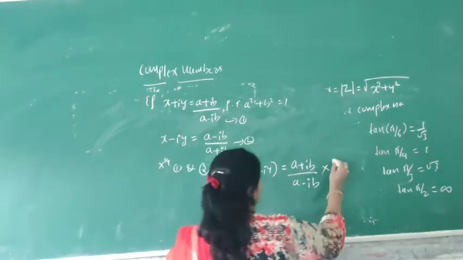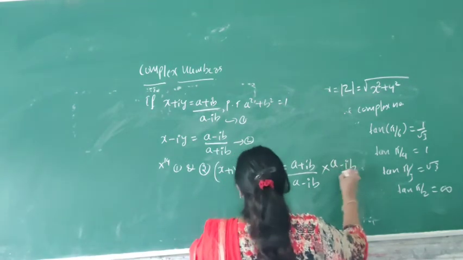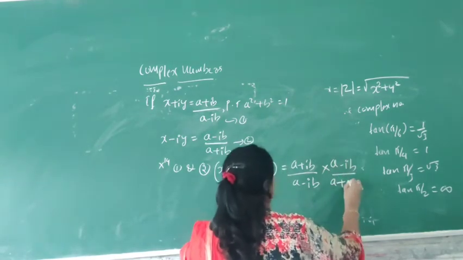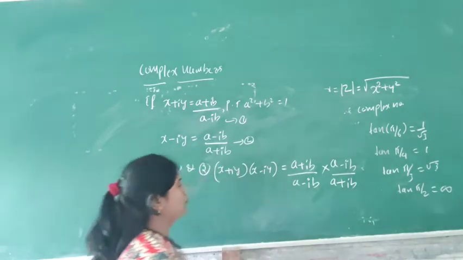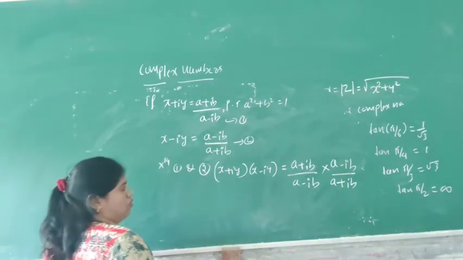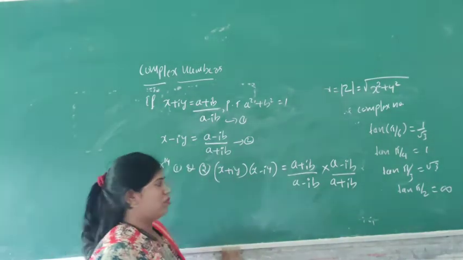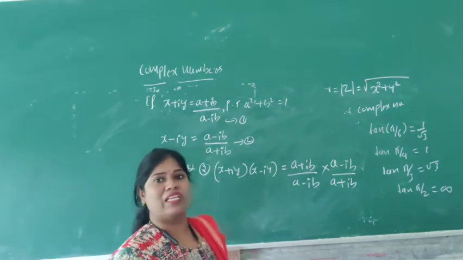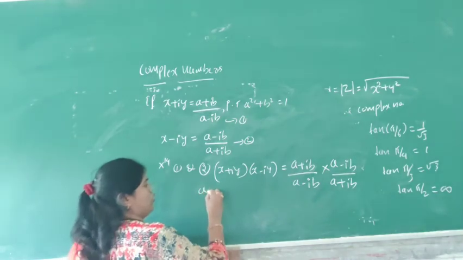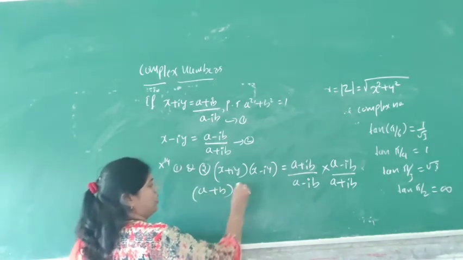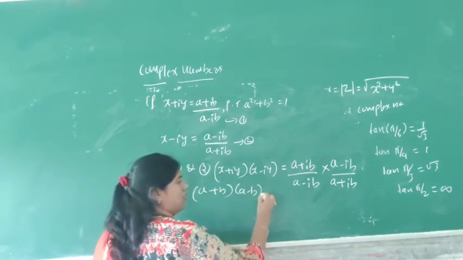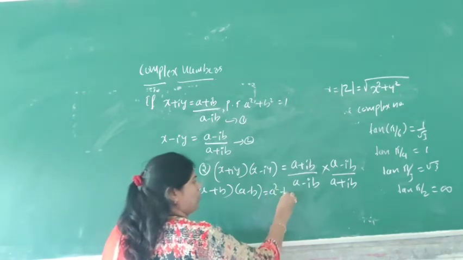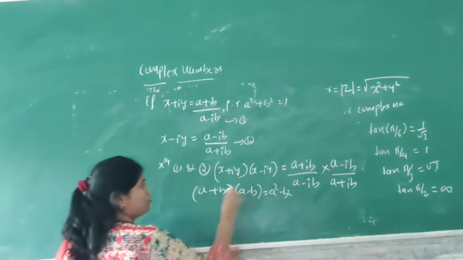So a minus ib divided by a plus ib. Okay. So what is a plus b into a minus b? a plus b into a minus b is equal to a square minus b square. It is of this form.